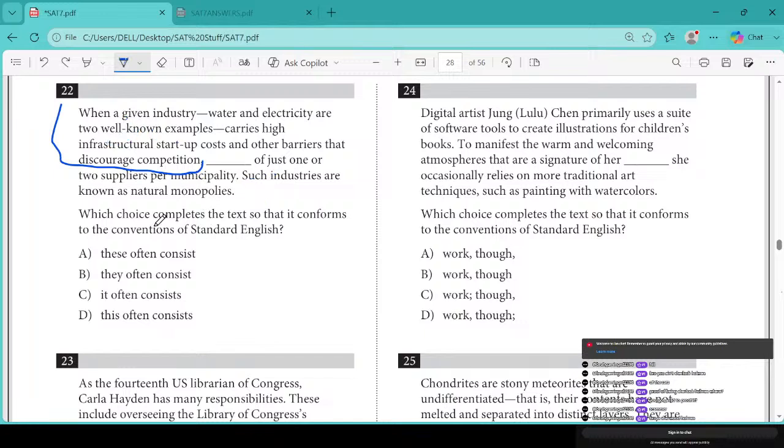So the problem here is this. They differ because of this noun. You need to find the correct noun to replace. What is it replacing?